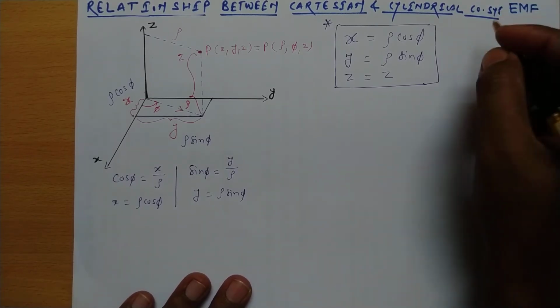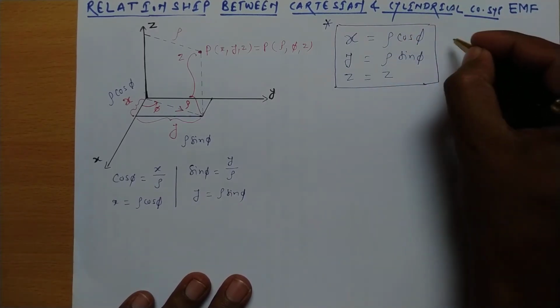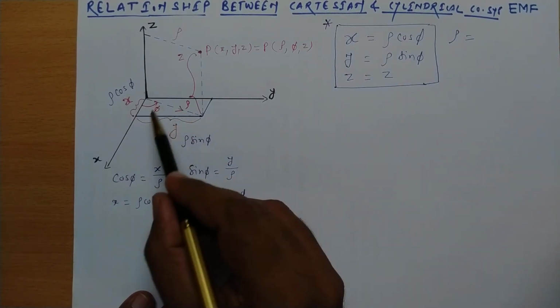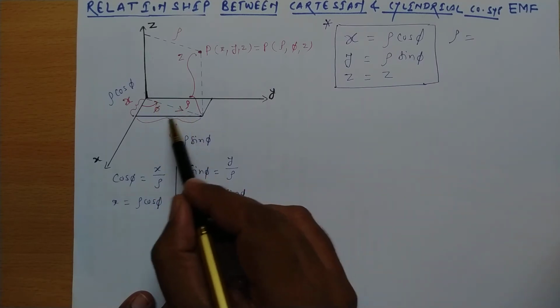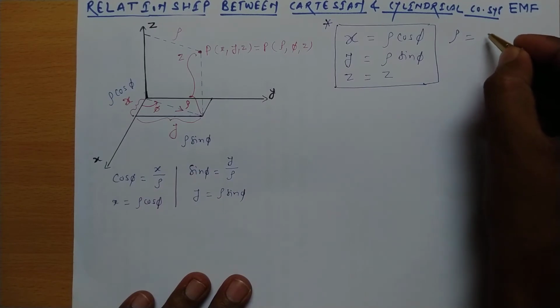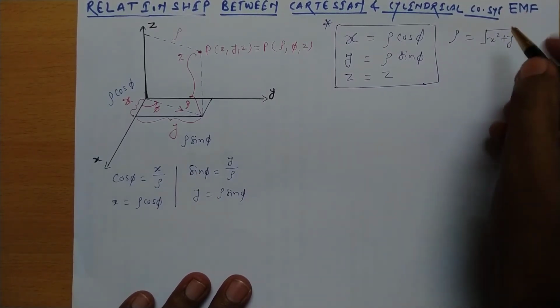Also we can find the cylindrical coordinates in terms of Cartesian. Rho is the hypotenuse, so by Pythagoras, rho is given as the square root of x square plus y square.